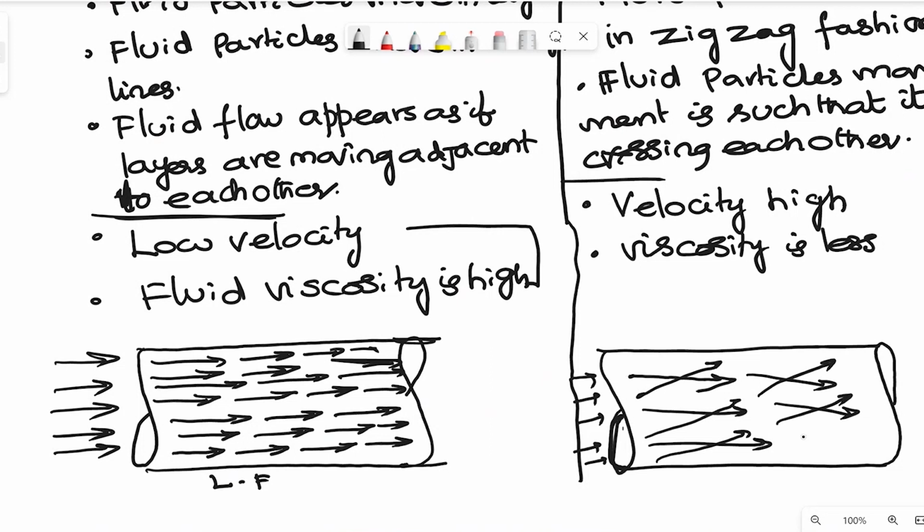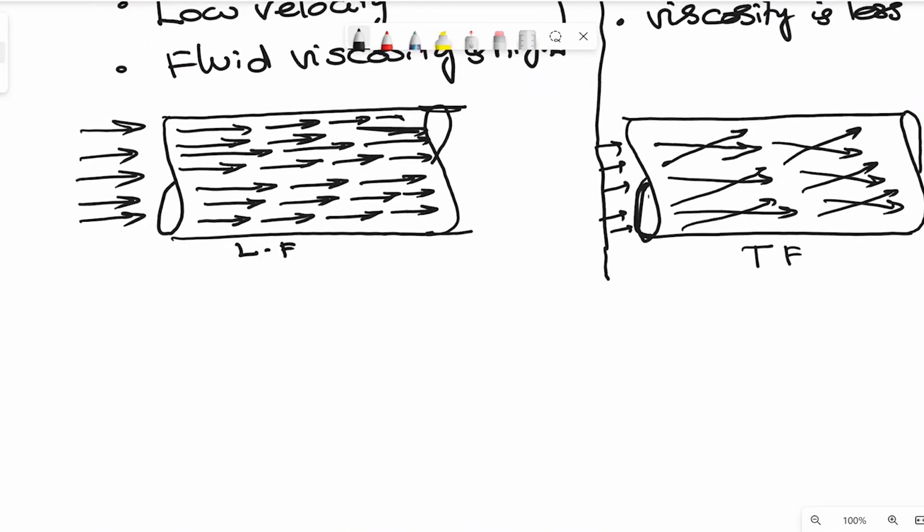The fluid particles are crossing each other. Then this is the case of turbulent flow. For explanation's sake, fluid particles moving in straight lines, parallel paths is laminar flow. Fluid particles crossing each other, moving in zigzag fashion is turbulent flow. This is possible at a very low velocity, that is laminar flow. In turbulent flow, the velocity is high. Fluid viscosity is very high in laminar flow, it is lesser compared to that.